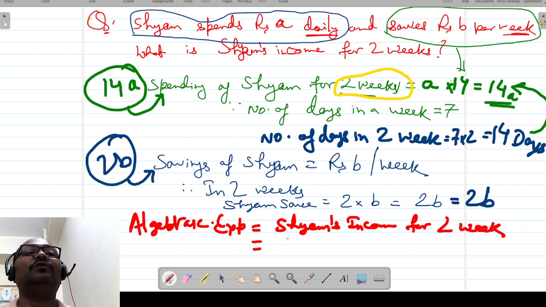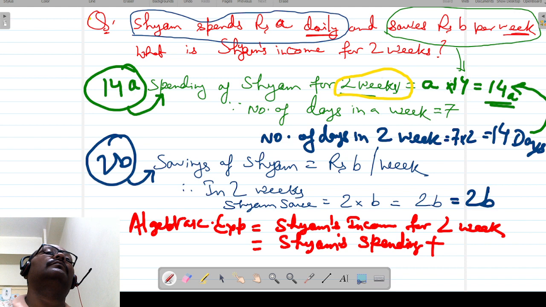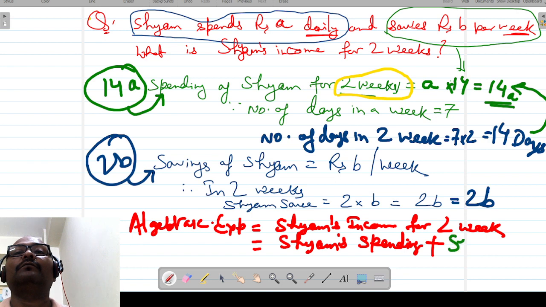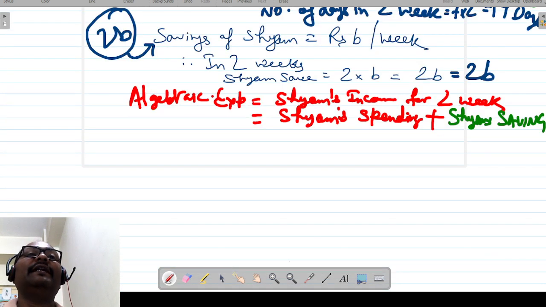That will be equal to Shyam's spending plus what? Shyam's saving. Are you getting it or not? Let me explain it properly.